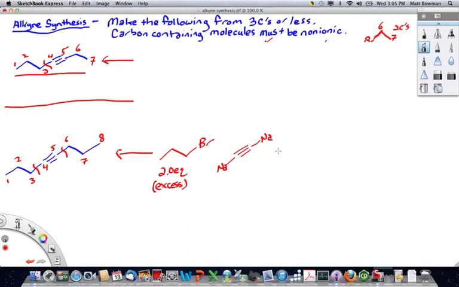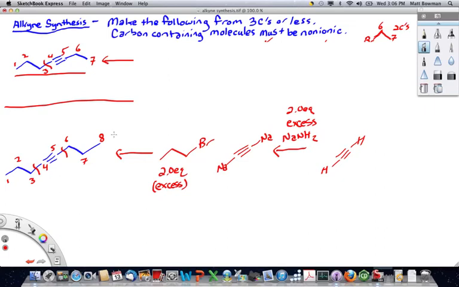This molecule, on the other hand, is definitely ionic, so we need to make him, and we can make him by using an excess of NaNH2 plus acetylene. Or we could also use the word 2 equivalents of NaNH2 because we need 2 of these to react with that. Okay, so this is a viable option for this.